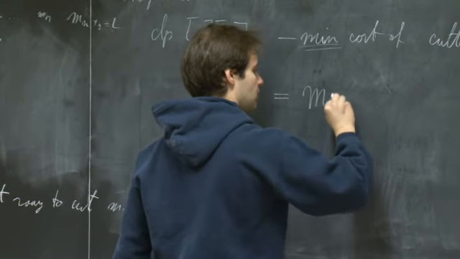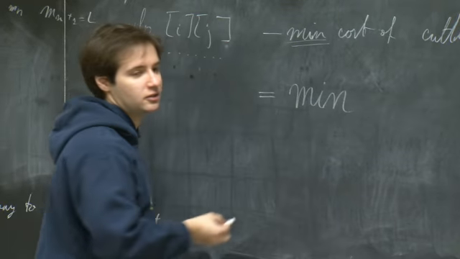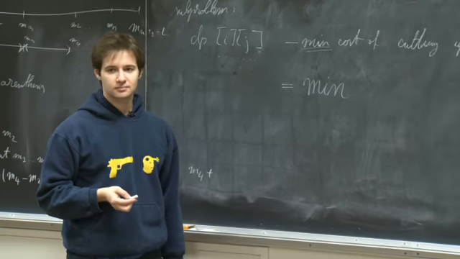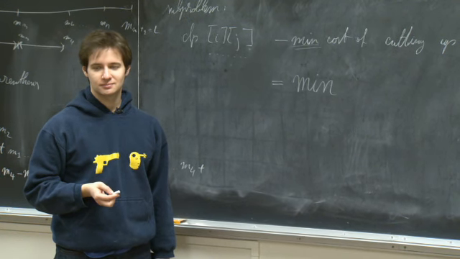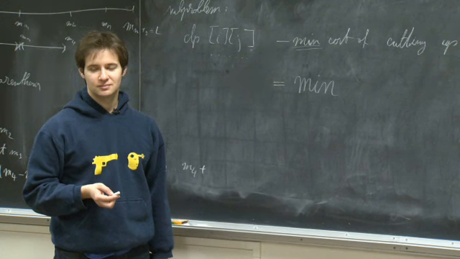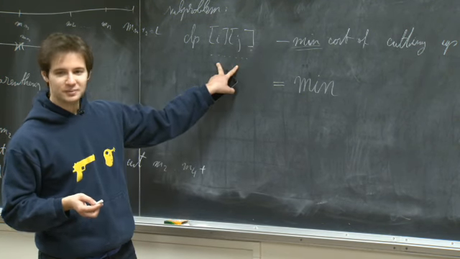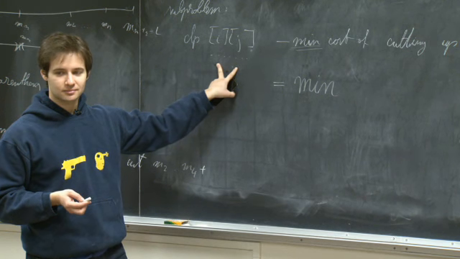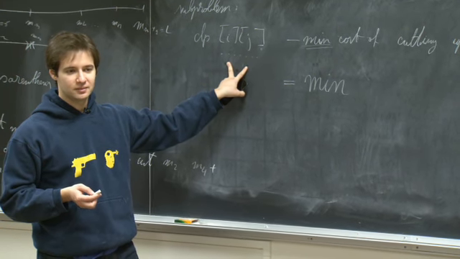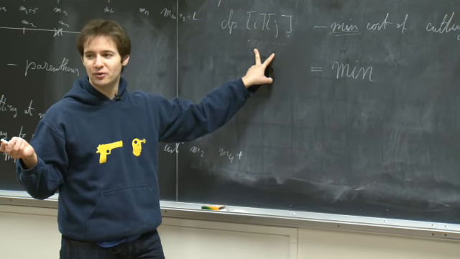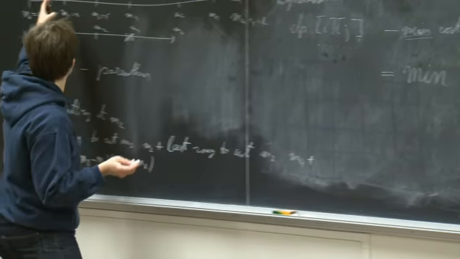So it's minimum, and I'm going to iterate over something: dp of i, j. I need a new variable for where I'm going to cut, right?